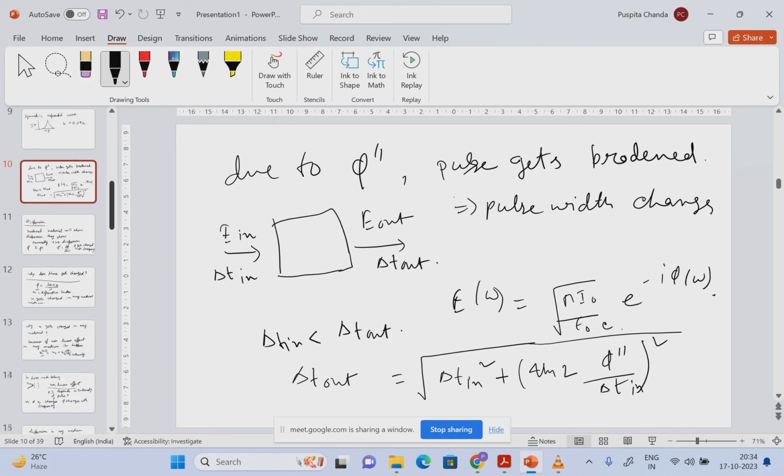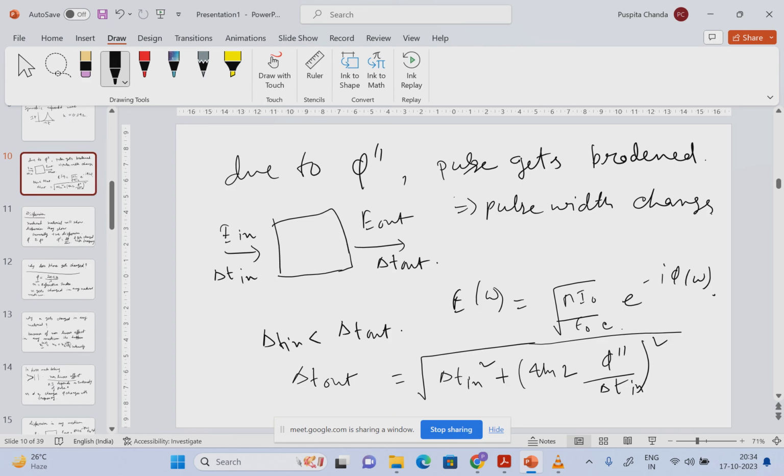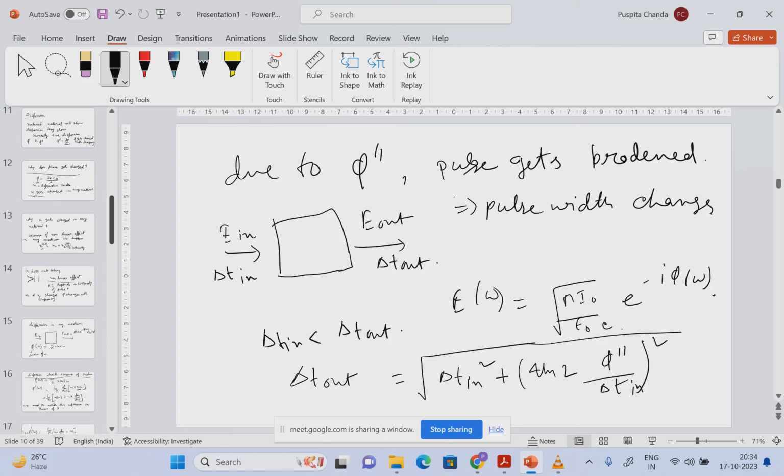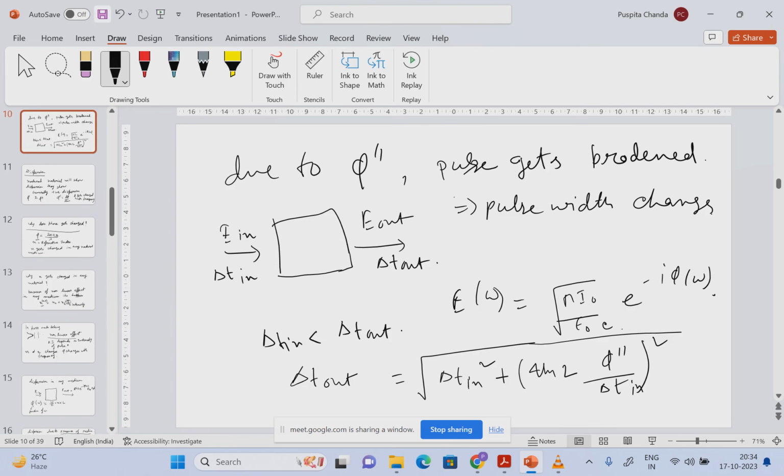That's how the pulse width changes, and delta T out is the output pulse width.